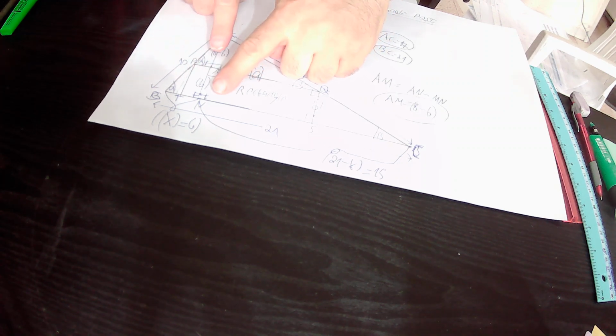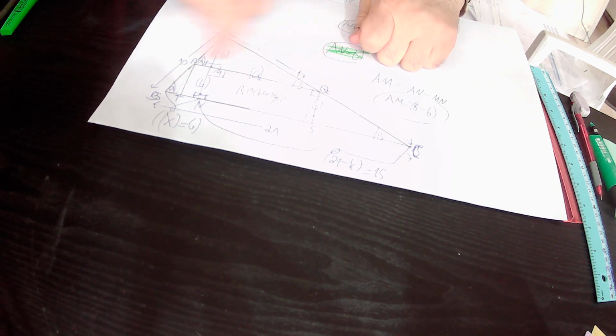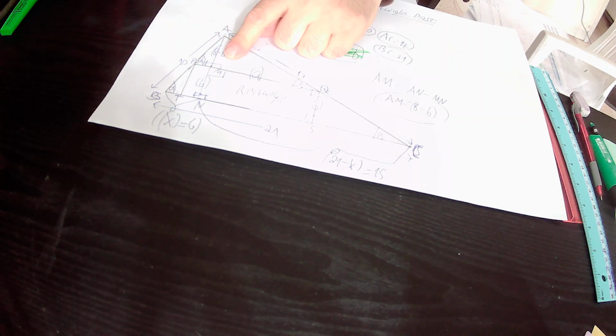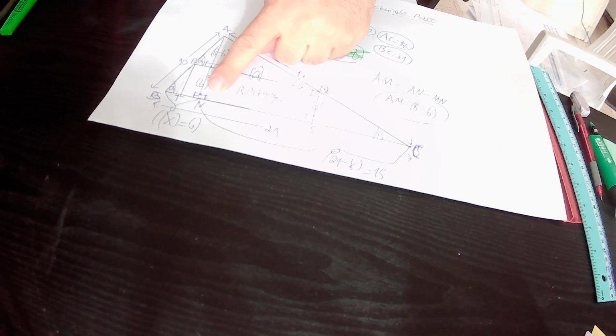So in rectangle PQST, PQ is parallel to the opposite side TS, and therefore those two corresponding angles between those two parallel lines must be equal to each other. But this angle equals 90 degrees, therefore this angle must also equal 90 degrees according to the rule that I mentioned.